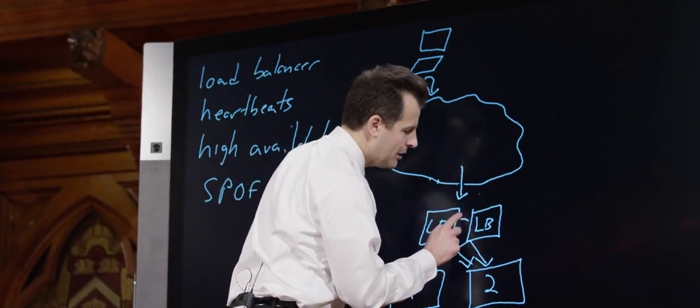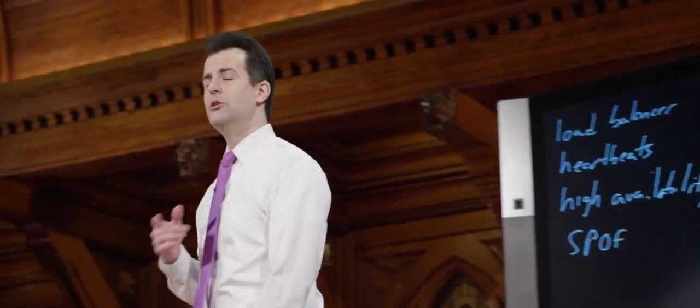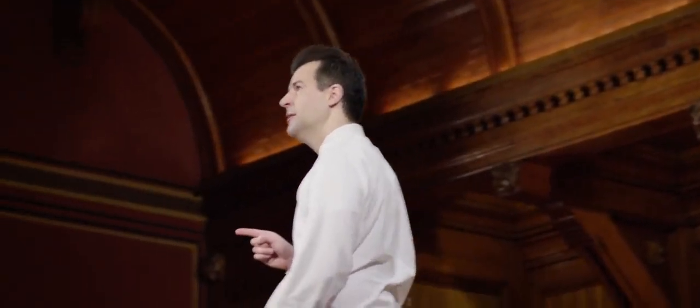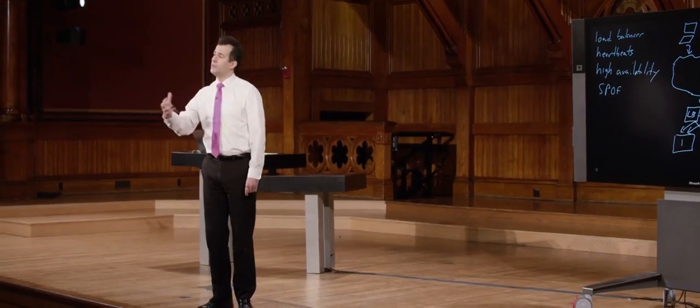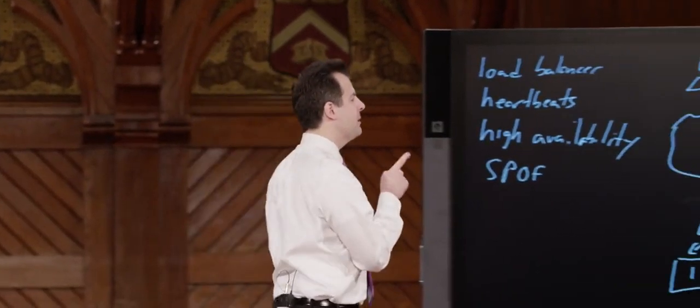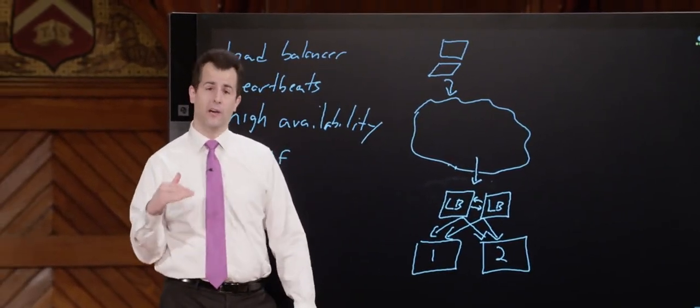What if we also allow the load balancers to communicate over a network with each other, so that one of the load balancers is constantly saying to the other, I'm alive, I'm alive, I'm alive. And so what the load balancers could be configured to do is that only one of them operates at any given point in time.